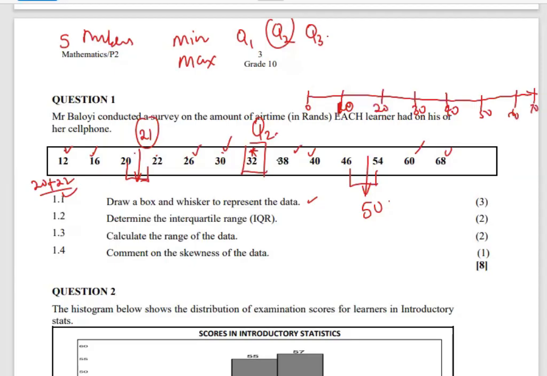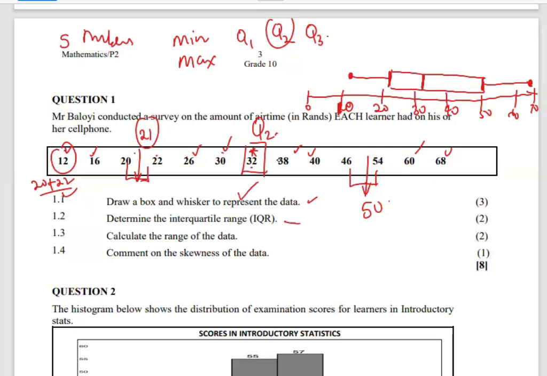If this is 10, the smallest number, 12, can be somewhere there. Then our Q1 is 21, which is just slightly after 20. The Q2 is 32, somewhere there. And then the Q3 is 50, just on the dot. And then 68 can be somewhere there. So use your ruler and connect that to that. Okay, so that is your box and whisker.